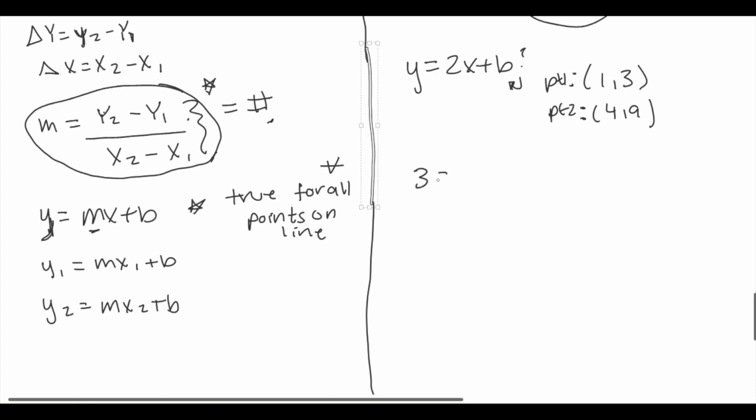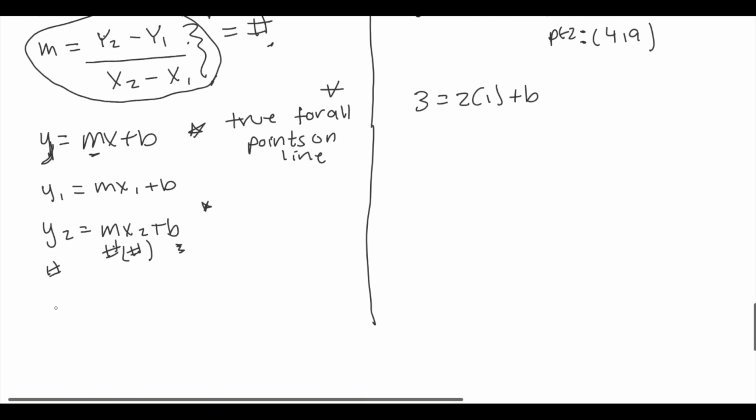And so before we do this, why is this important? Since m is just some number, we have number, number, and number. So we can isolate b and find an equation for it. We can actually do that down here. y2 minus m times x2 is going to be equal to b.